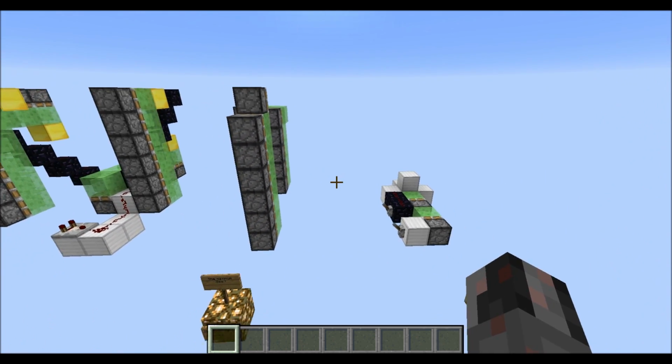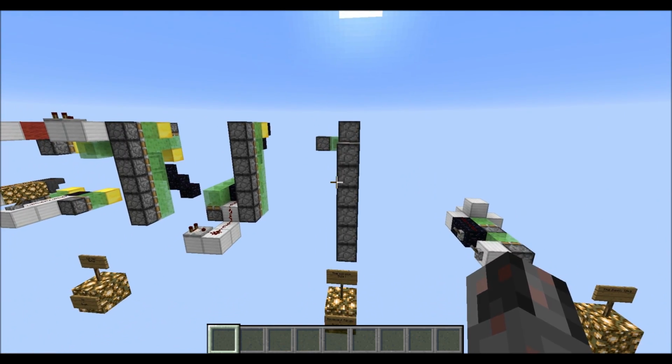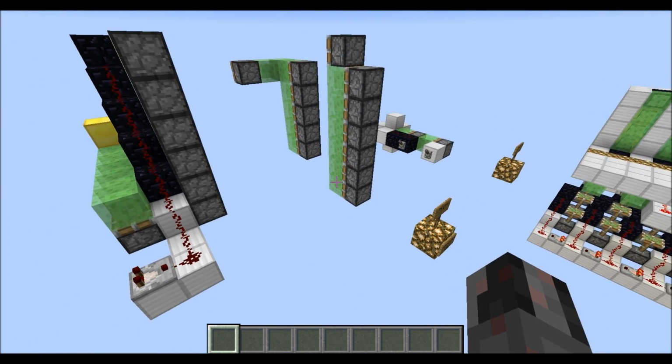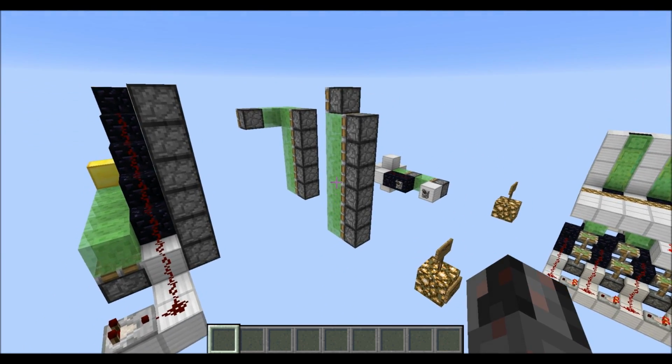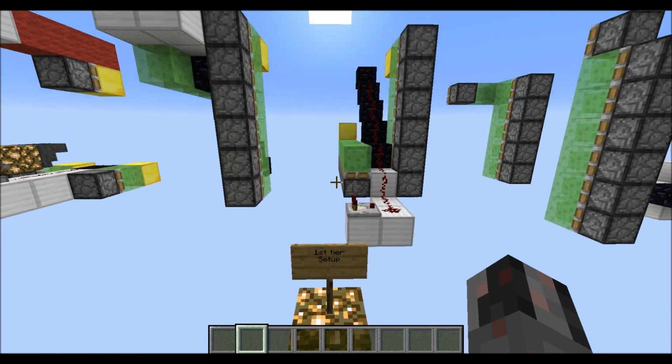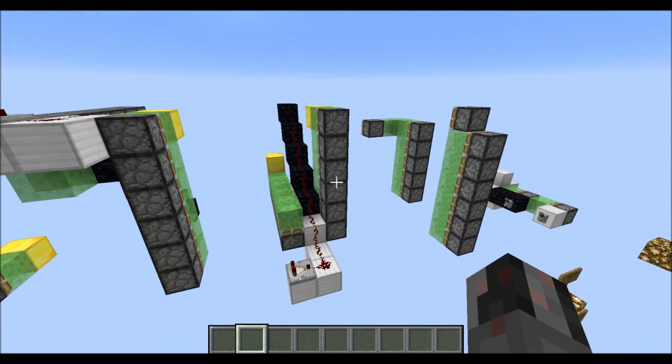So anyway, that's the maximum size, so you just have to keep in mind that the block limit for those pistons still exists.